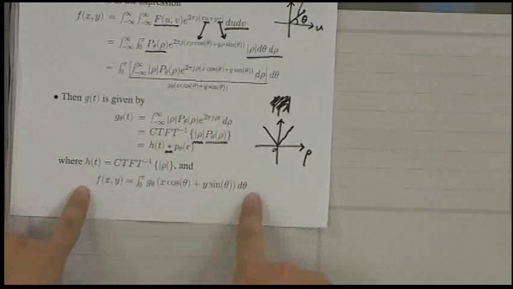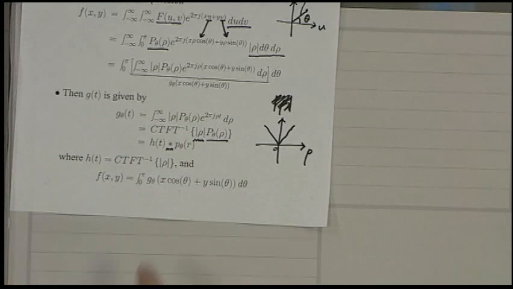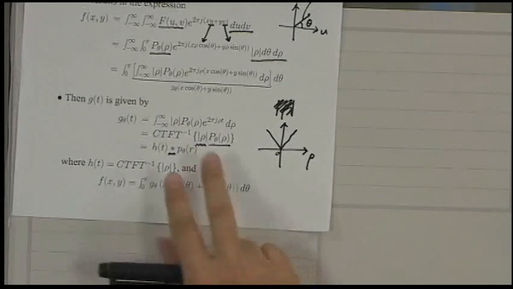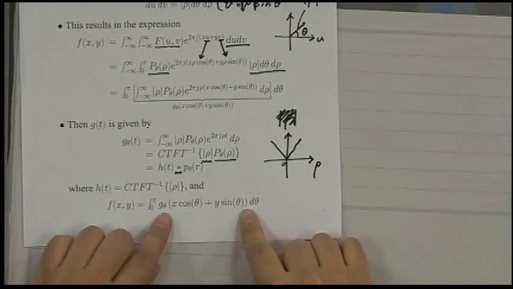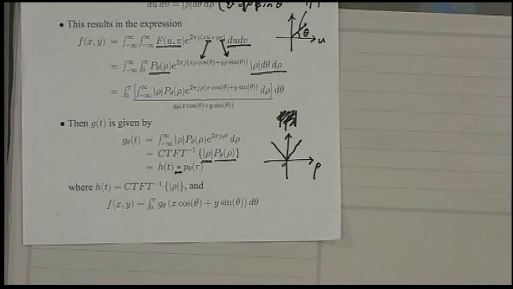And then another thing. Okay, now we know what's going on with g. Then what is the other part? This is what I explained. Actually, x cosine theta plus y sine theta. This is actually an inner product of (x,y) and (cosine theta, sine theta), right?